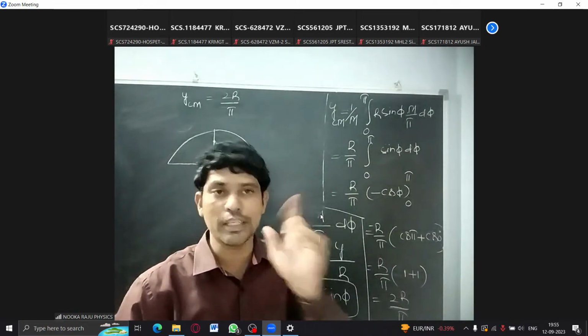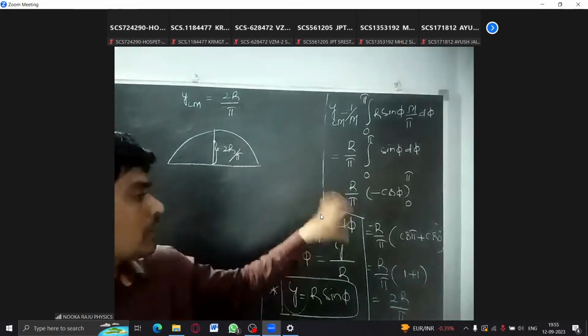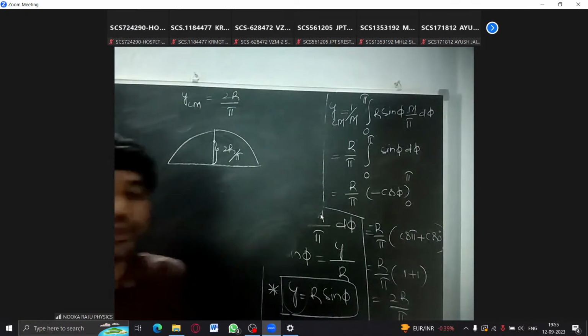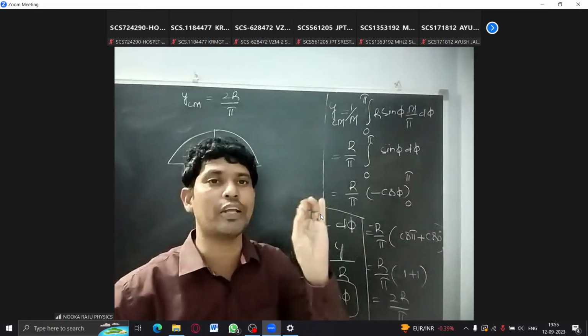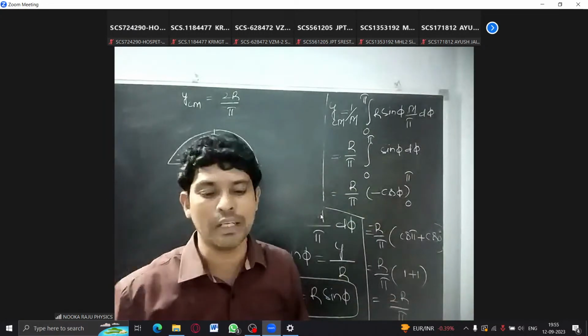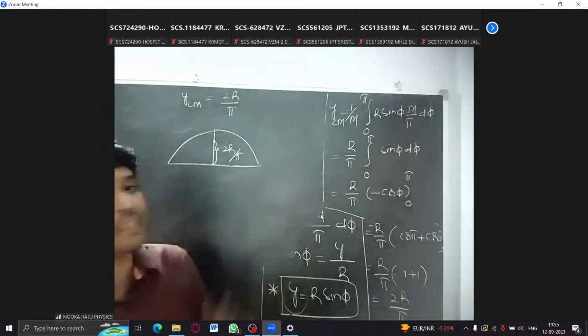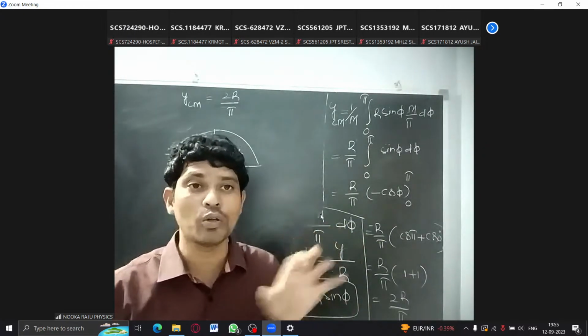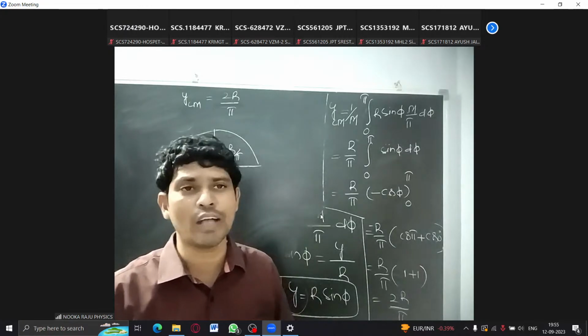That is the generalization from this mathematical notation. It should be clear. This is very important to establish the remaining ones like semicircular disc, triangular lamina, hollow cone, solid hemisphere, whatever it may be.